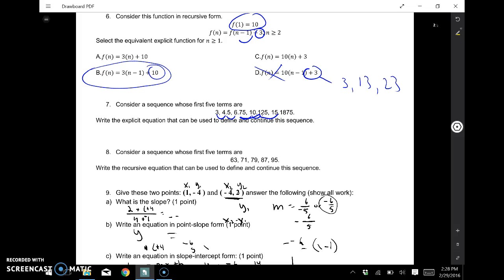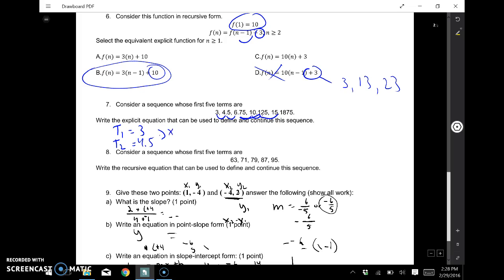So this is actually not arithmetic. This would be geometric. So term 1 is equal to 3. Term 2 is equal to 4.5. Geometric, I got to multiply to go term 1 to term 2. So to work backwards, I would divide. So I would divide 4.5 by 3, and I would get a ratio of 1.5.